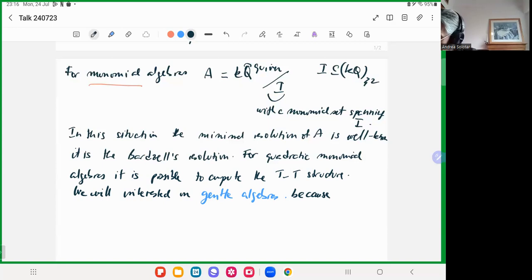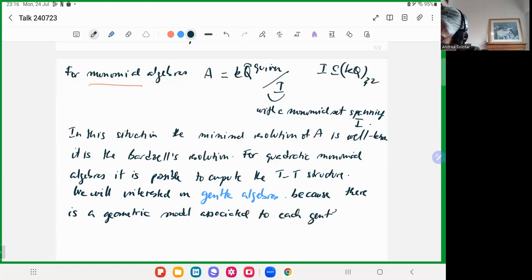In particular, there is a geometric model associated to each gentle algebra. I will explain what I mean by this, okay?